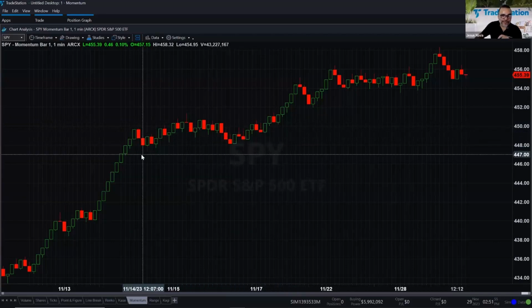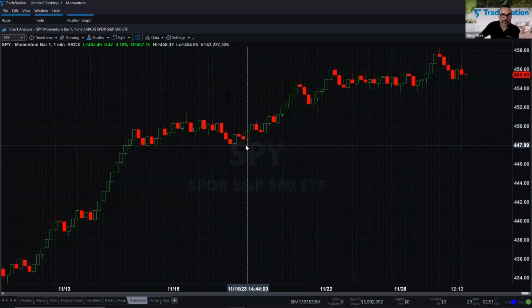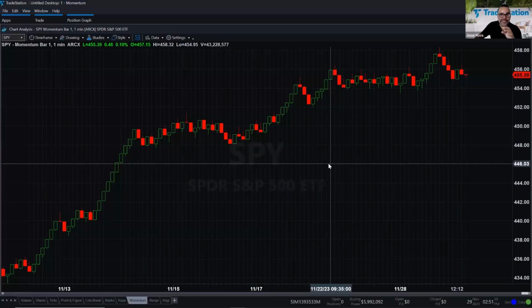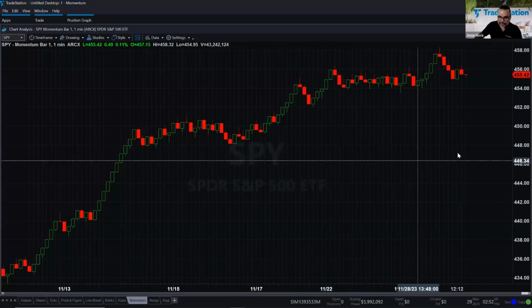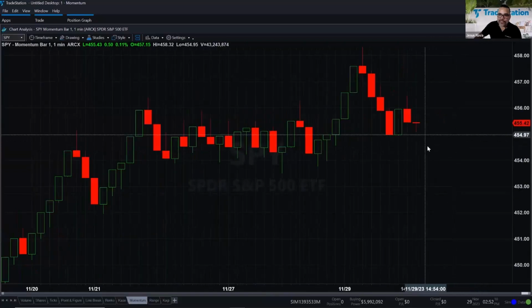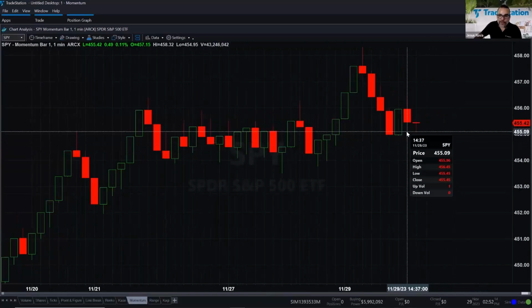Every candlestick historically that you find here in the momentum bar is going to be exactly 1 point if you measure from high to low. That's the way that momentum builds every candle. The only candle that is not going to be 1 point is the current one. Even the previous one, if I click and hold, the high is 456.45 and the low is 455.45, exactly 1 point.